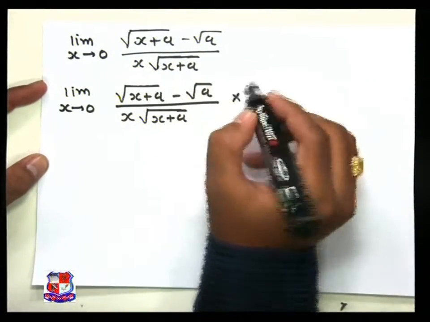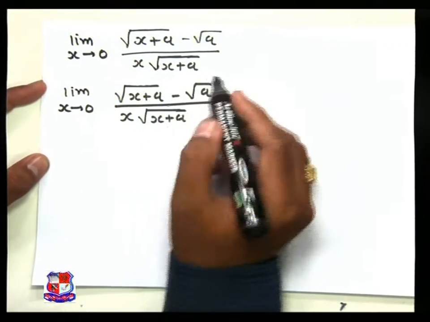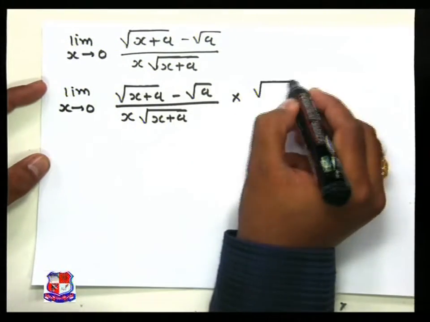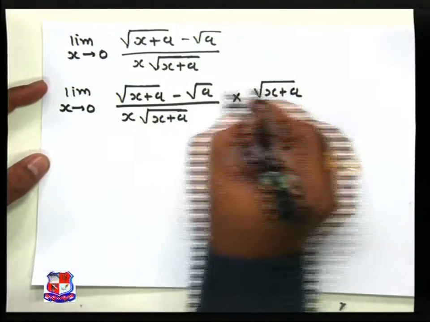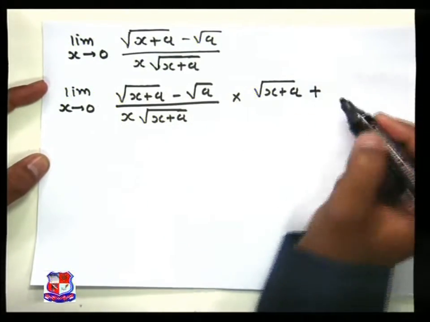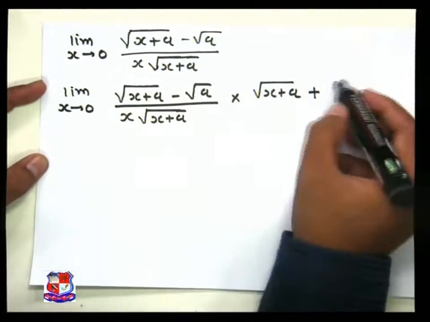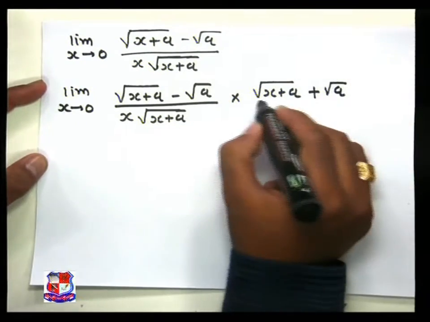Now multiply with numerator rationalization term, that is under root of x plus a, this minus sign becomes plus, and this under root of a.